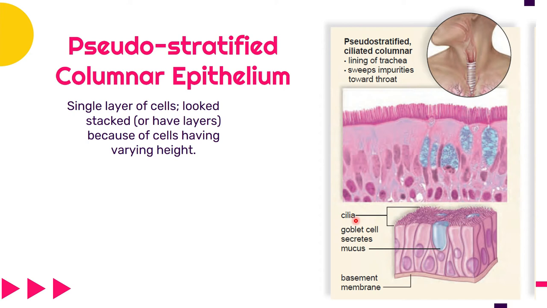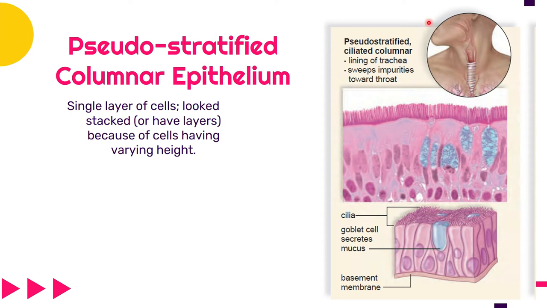That back and forth motion helps in filtering materials, especially if it is located in our respiratory tract. For example, this epithelial tissue is found in the lining of our trachea. The trachea is part of our respiratory system or respiratory tract.